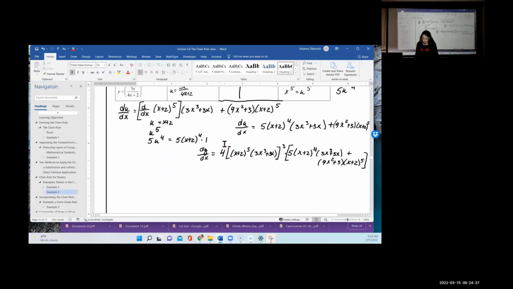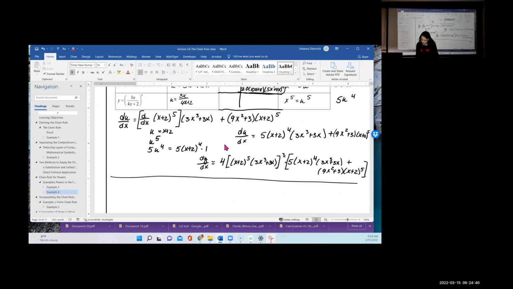Now when we do the derivative of the inside, we can take the quotient rule. So du dx is going to be f prime g minus g prime f over g squared, which is going to be the derivative of the top, which is 3 times the denominator, 4x plus 2, minus the derivative of the denominator, which is 4, times the numerator, which is 3x, all divided by the denominator, 4x plus 2 quantity squared.